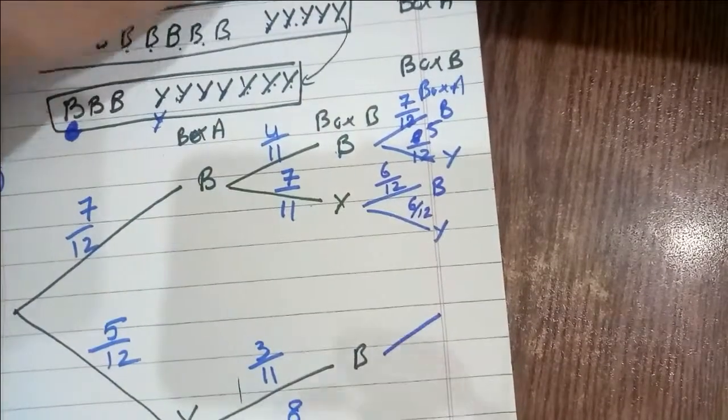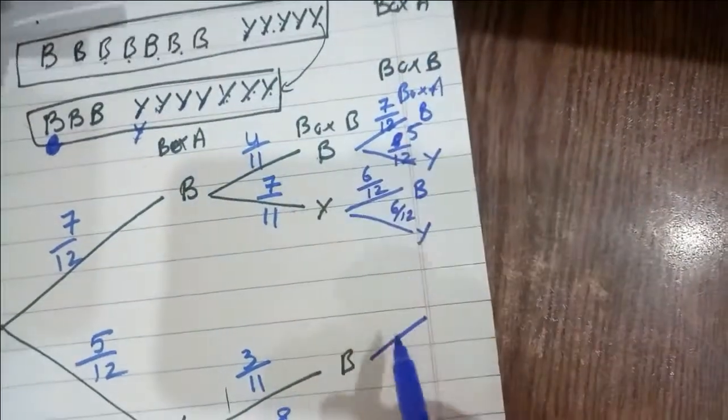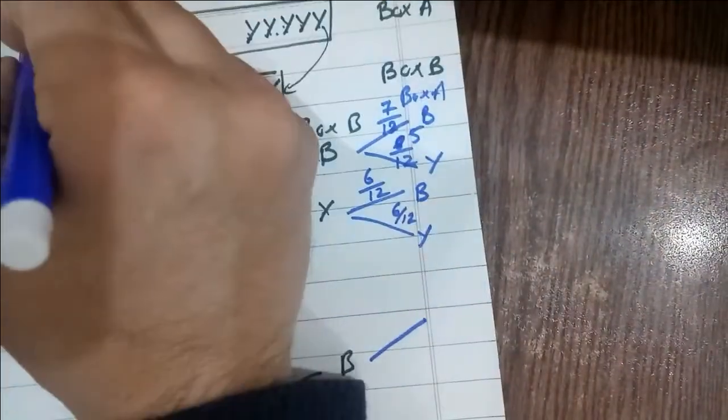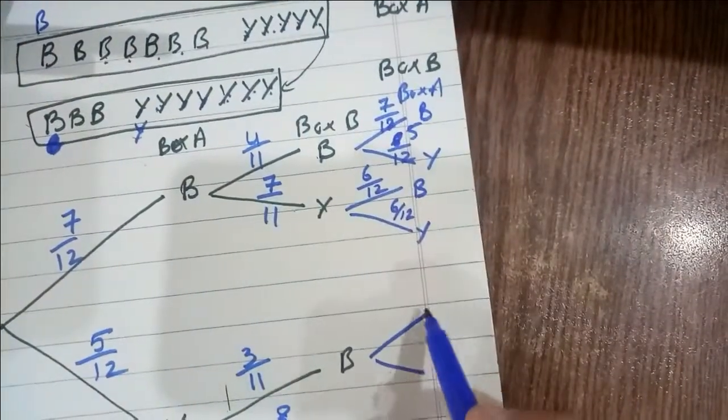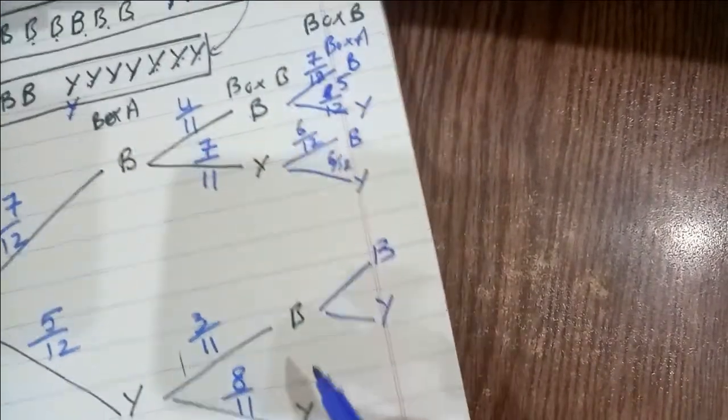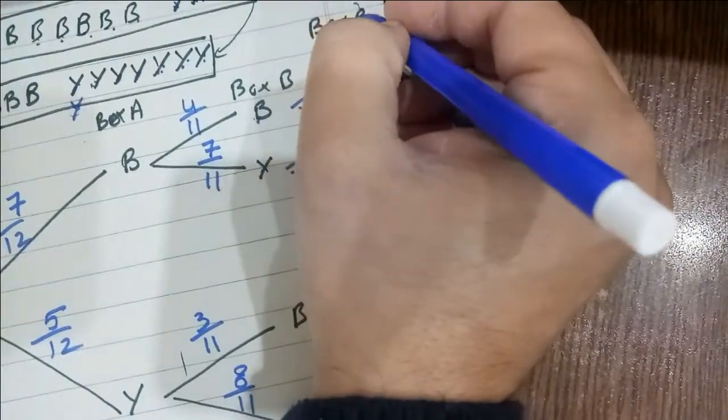And if a yellow is taken and blue added, so there will be another blue. So getting the probability of blue, yellow from box A. This is for box A, sorry.